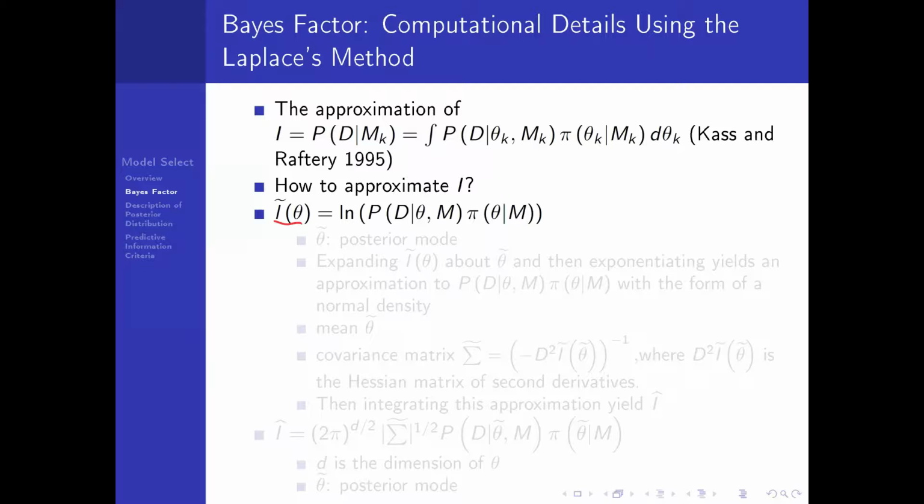So this is L tilde, which is equal to the log of the product of these two terms. That is the probability of observing data given parameter and model setup, multiplied by the prior density, prior given the model.